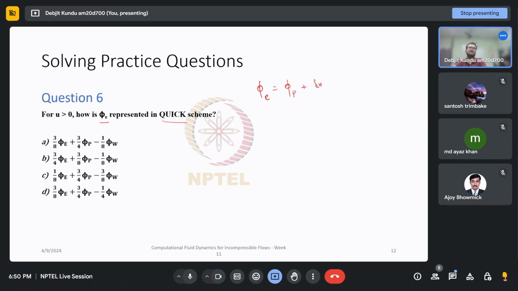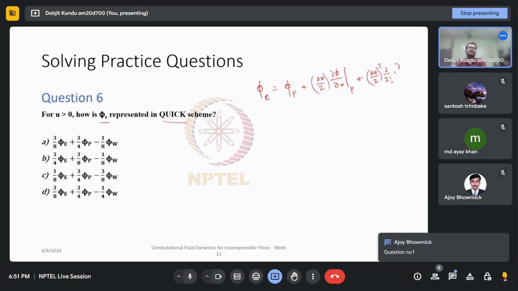So since del x is delta x by 2, this is delta x by 2 into dou phi dou x at P plus this square into 1 by 2 factorial into dou phi dou x at P plus higher order terms. Ignore them. Just plug in the derivatives dou phi dou x at P and dou 2 phi dou x2 at P, and then you should arrive at the correct equation among these.